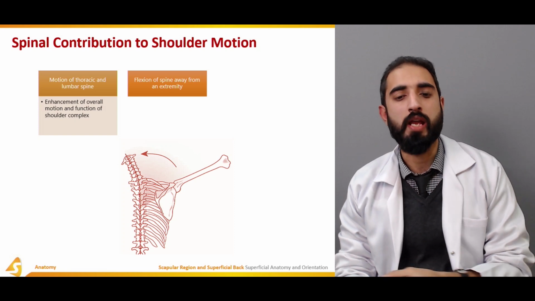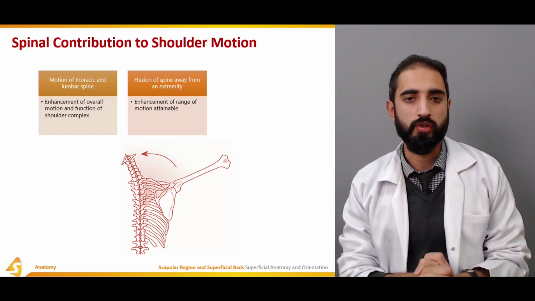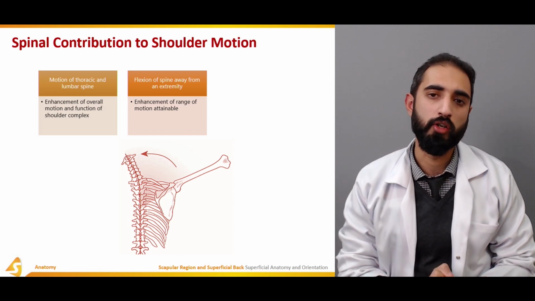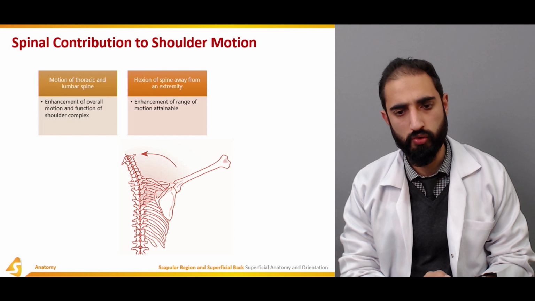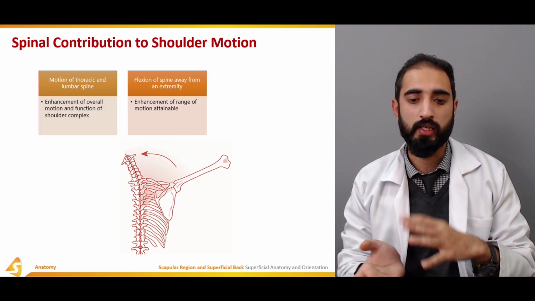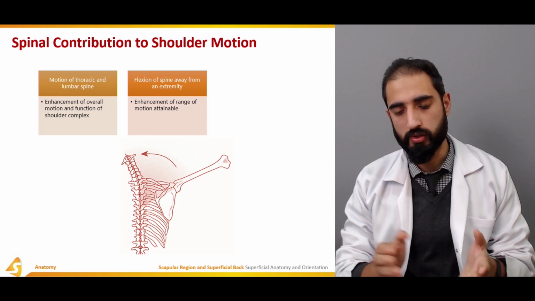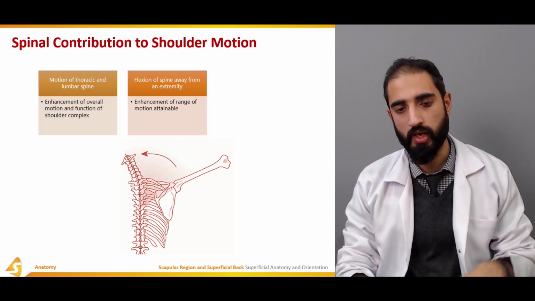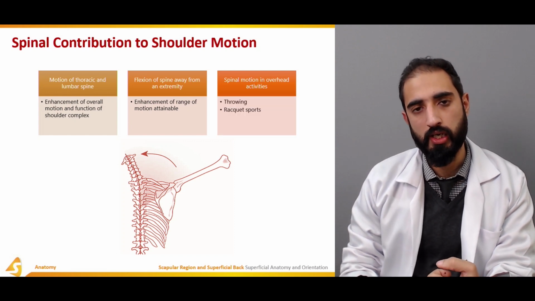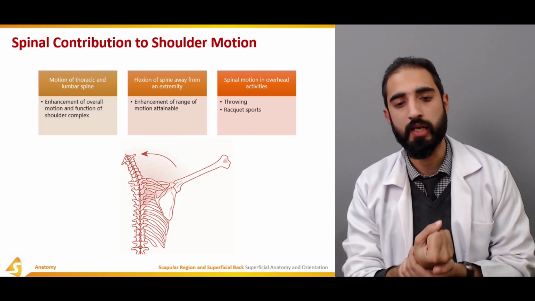Moreover, the flexion of the spine away from an extremity during the elevation process further enhances the range of the motion attainable at the glenohumeral joint, and sometimes with limited range of motion at the glenohumeral joint, such as an adhesive capsulitis or frozen shoulder, the patient can still do overhead activities because of the side bending or lateral flexion of the spine away from the side on which there is a shoulder abduction or elevation that is occurring.